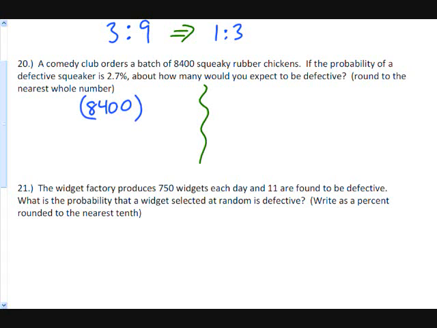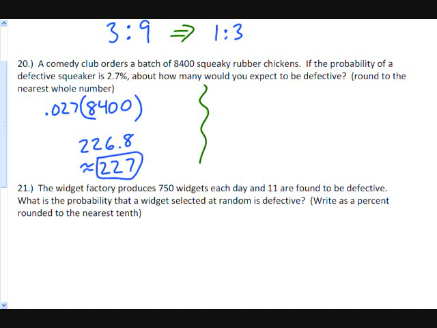And remember, we always want this percentage as a decimal. So as a decimal, this is going to be 0.027. And we just have to multiply the 0.027 times the 8,400. And that gives us 226.8, but it asks us to round to the nearest whole number, so it's 227.